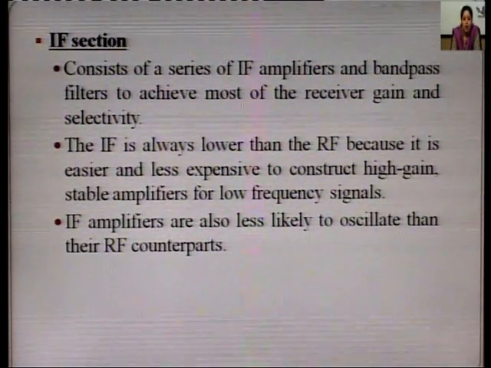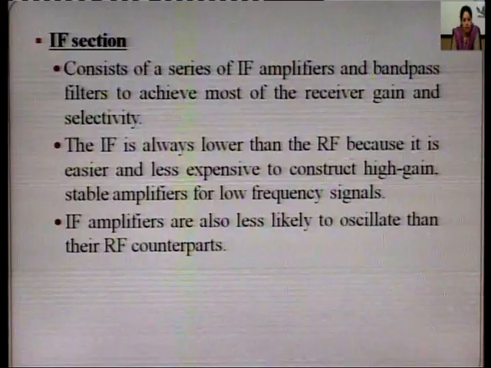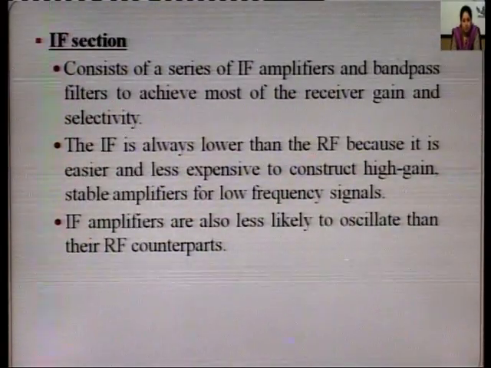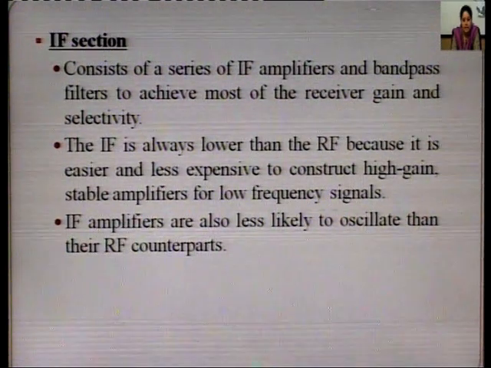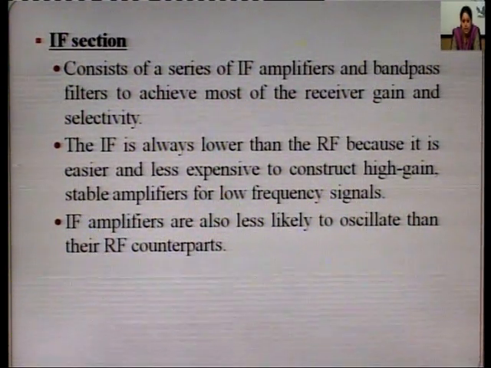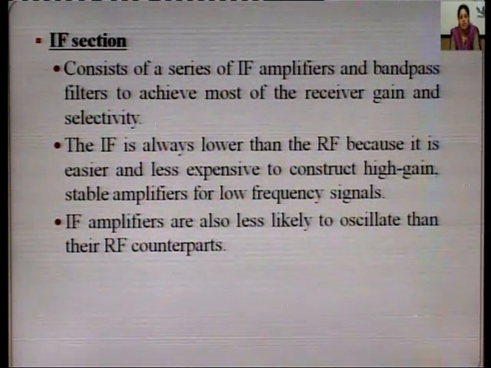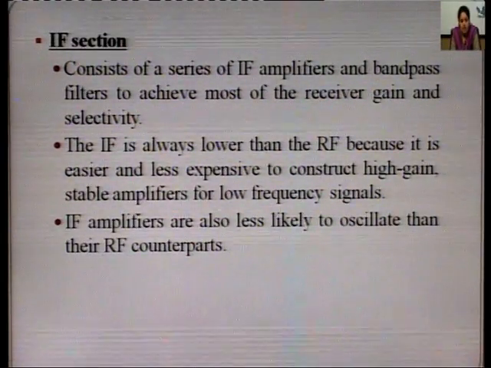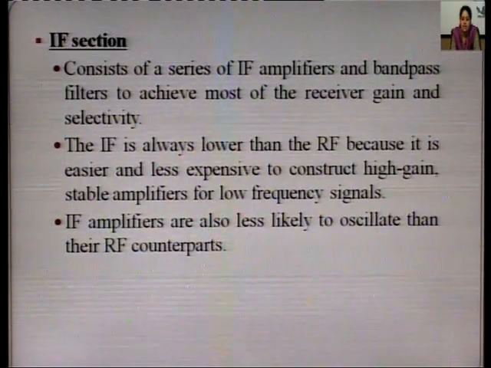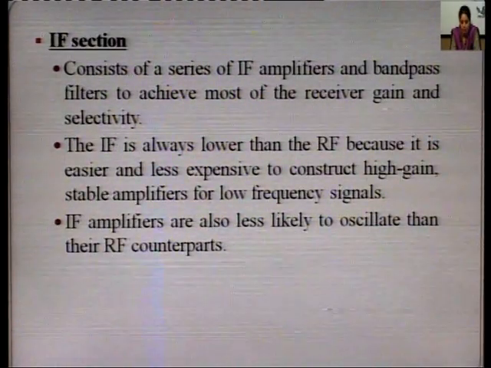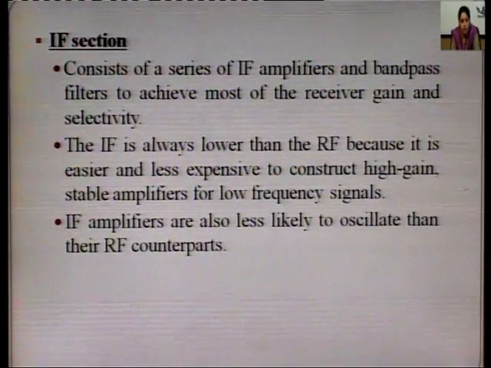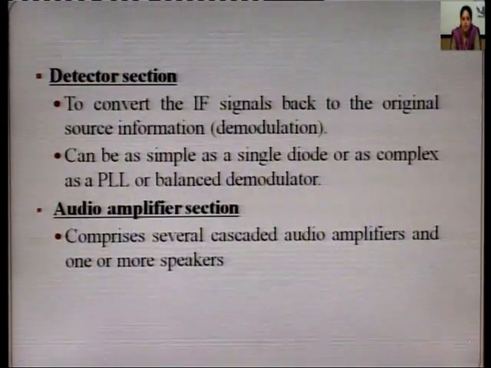The IF is always lower than the RF because it is easier and less expensive to construct high gain stable amplifiers for low frequency signals, and IF amplifiers are also less likely to oscillate than their RF counterparts. As we have discussed, because intermediate frequency amplifiers are at a lower frequency range compared to the radio frequency range, the oscillation problem was overcome in superheterodyne receivers.